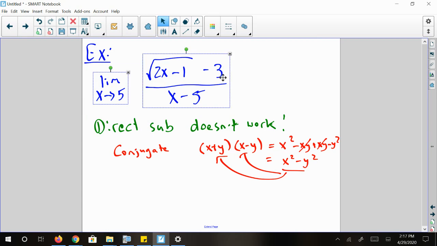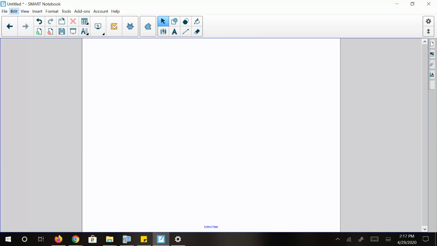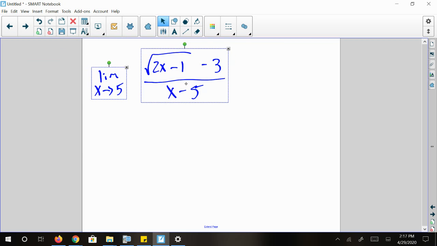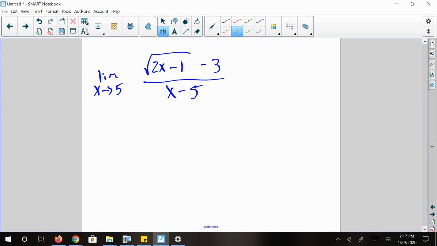Okay, so in this particular problem, we've already determined direct substitution doesn't work because I cannot plug in 5 into the denominator here because 5 minus 5 is 0. So what I'm going to do is multiply the top and the bottom of this by the conjugate of the particular part of the problem that has a square root. Now remember, the only thing I'm allowed to multiply by without changing something is 1.